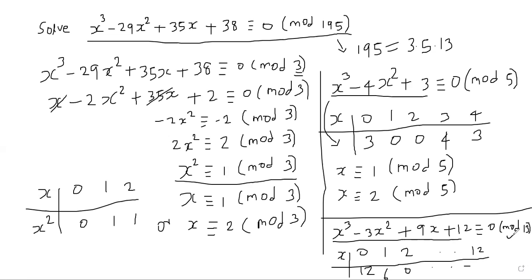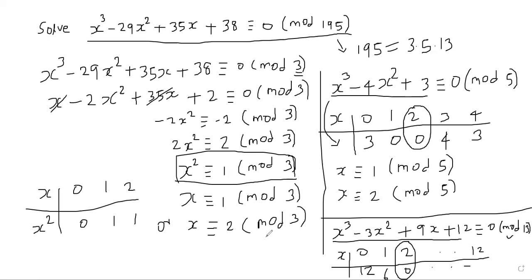So now we have an interesting situation. x equal to 2 is giving us a 0 for mod 13. x equal to 2 is giving us 0 for mod 5. And x equal to 2 will also give the solution for the mod 3 congruence. When we put x equal to 2, we get 4. 4 is congruent to 1 mod 3. Yeah, so of course 2 is congruent to 2 mod 3 is true.